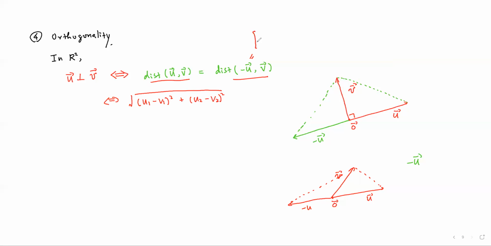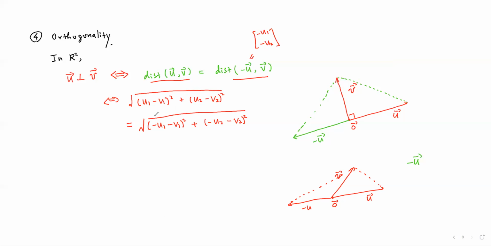Negative u is negative u1, negative u2. The distance between this vector and v is the square root of negative u1 minus v1 squared plus negative u2 minus v2 squared.